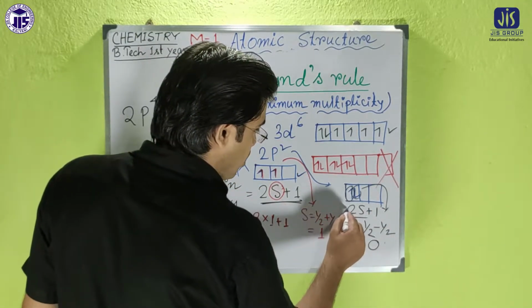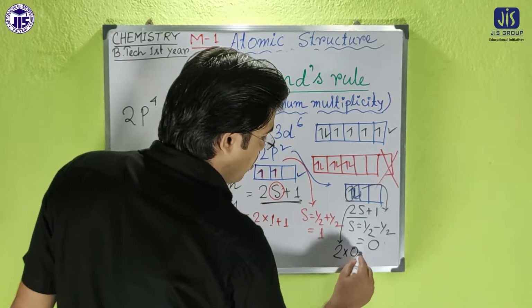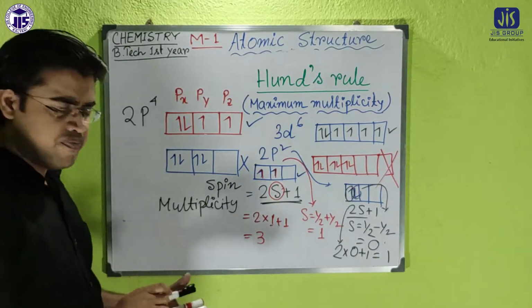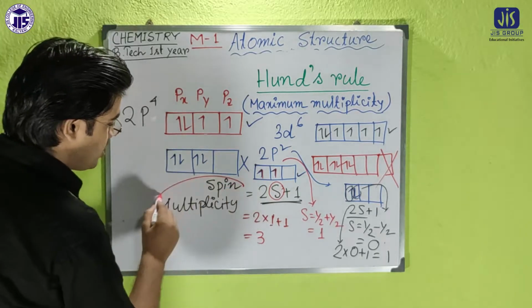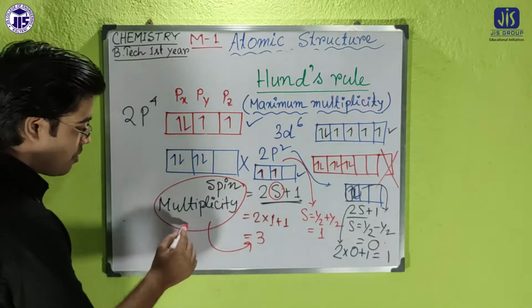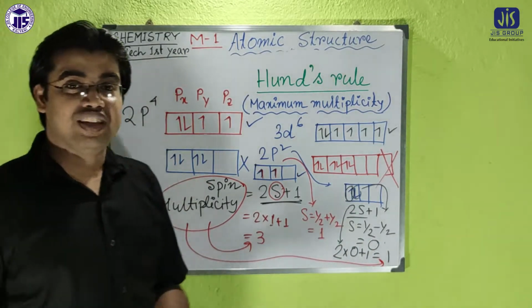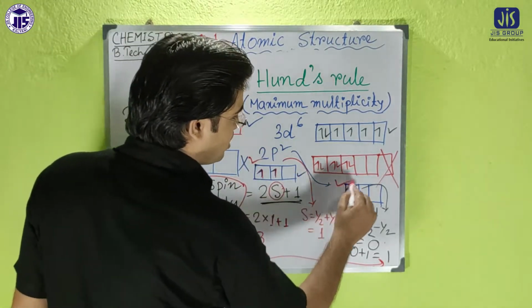If it is 0, what is the value of 2S plus 1? 2 into 0 plus 1 means 1, isn't it? So finally, the spin multiplicity value for the first case is 3, but for the next case it is 1. Now think about which is the right configuration, either this one or this one.